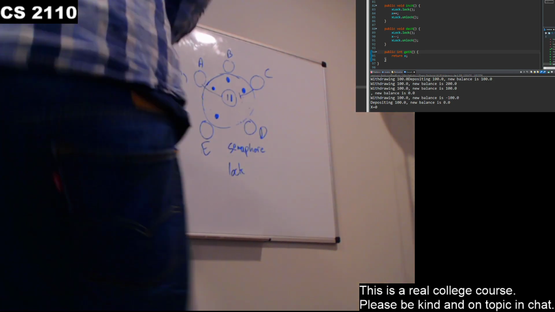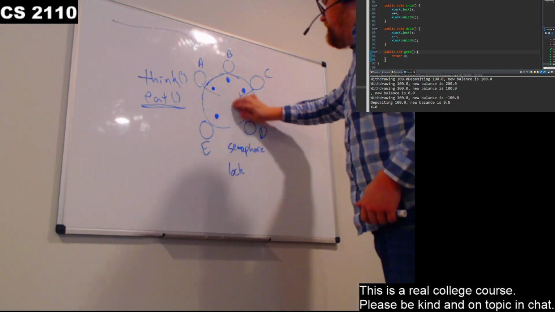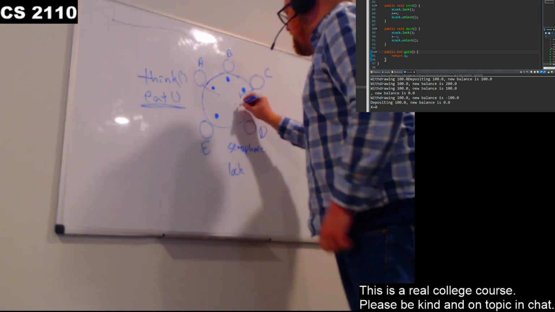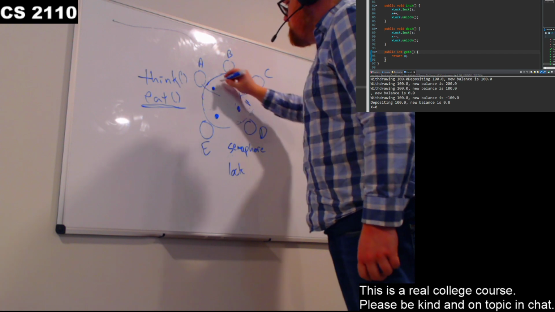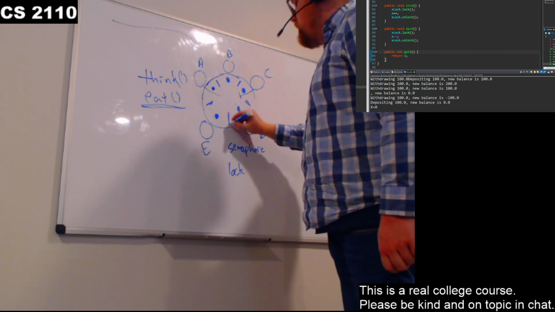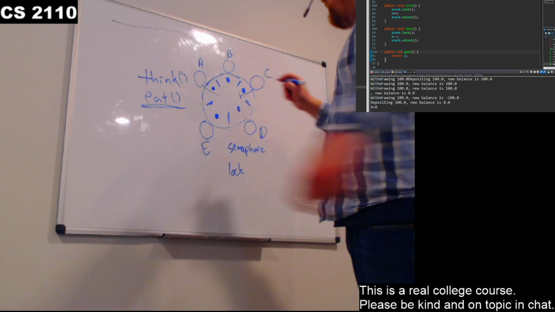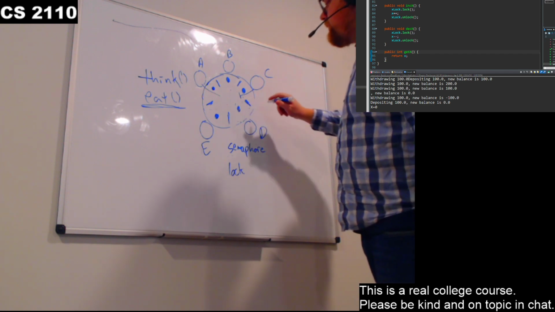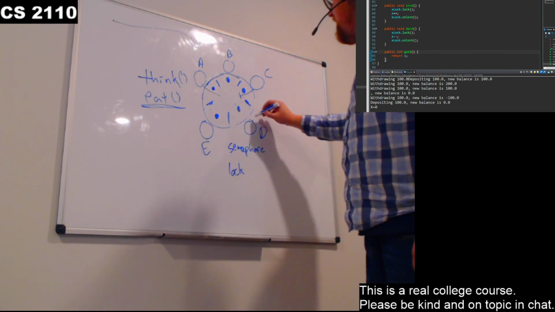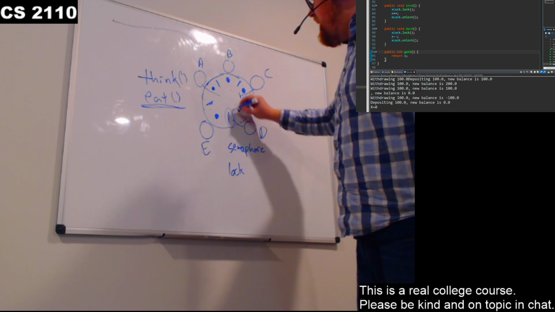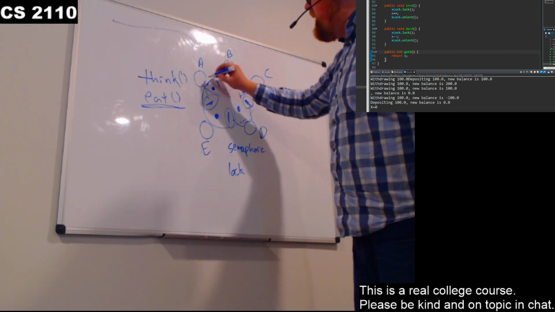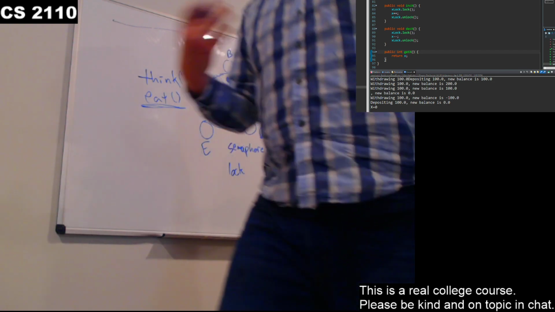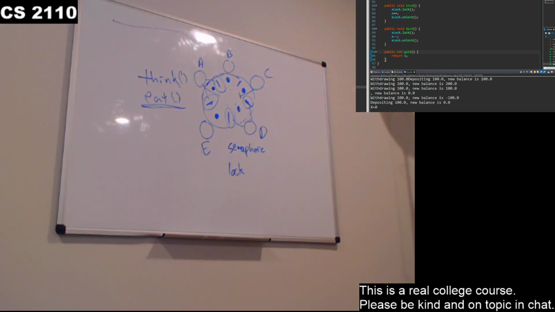But if I have, say, 5 different locks, one between each philosopher, D and A could eat at the same time, and it wouldn't be a problem. So we could still have concurrency, whereas if we only have one lock, then we don't get that.